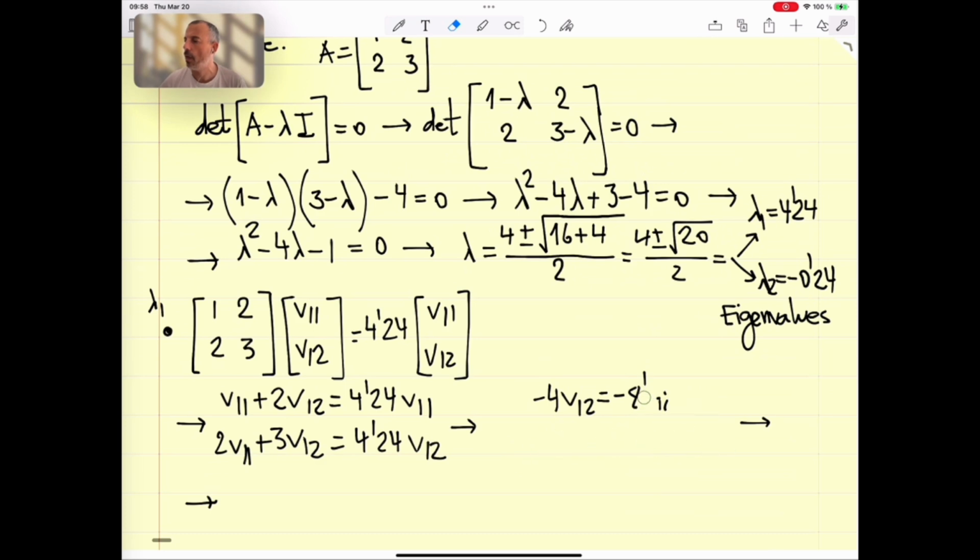Not so fast. Like 2V12 equals 3.24 V11, and 2V11 equals 1.24 V12.